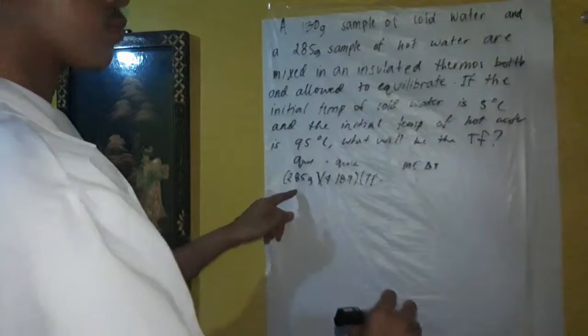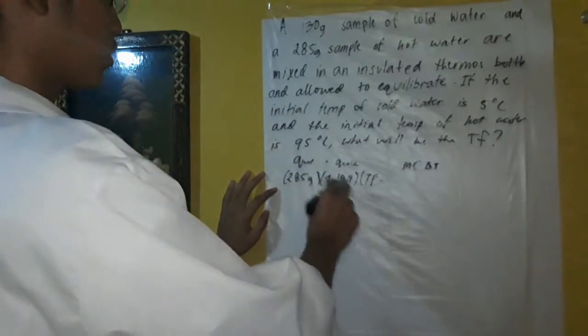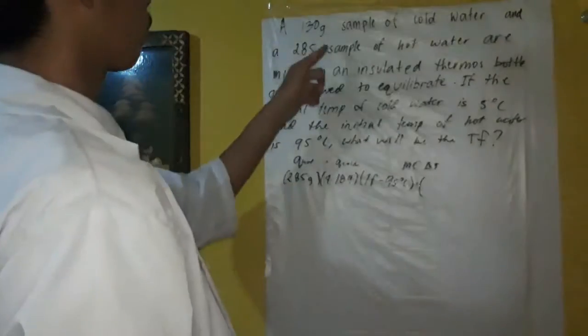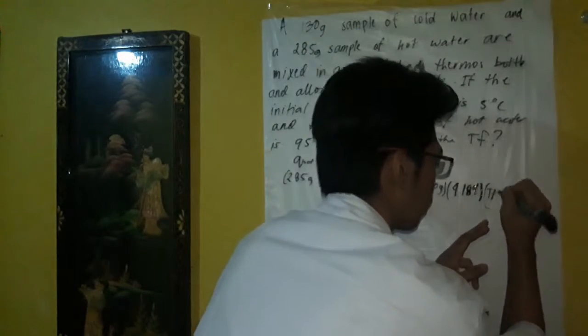This equals the mass of cold water, 130 grams, with the same specific heat of 4.184, times TF minus the initial temperature of 5 degrees Celsius.